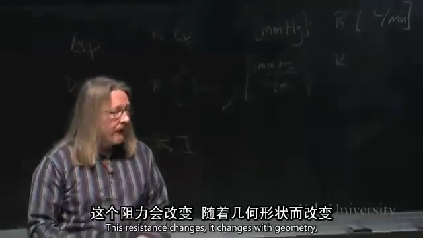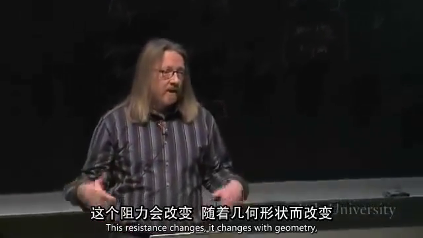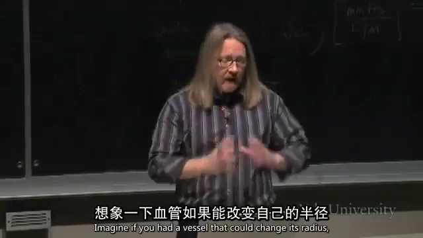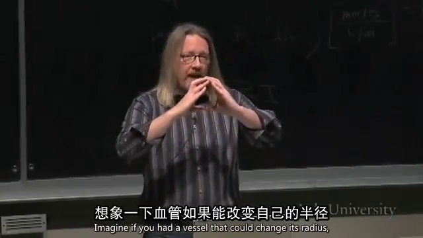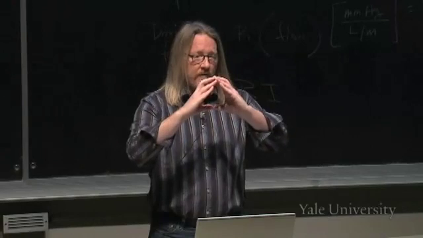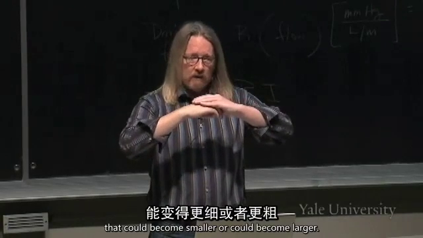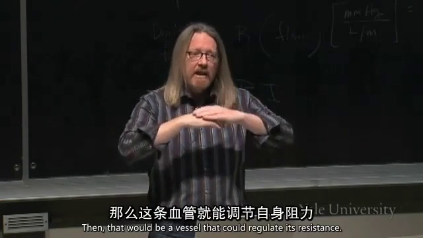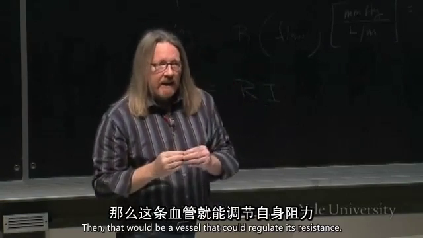So this resistance changes. It changes with geometry. The most sensitive thing that changes is the radius. Imagine a vessel that could change its radius, that could become smaller or larger. Then that would be a vessel that could regulate its resistance.